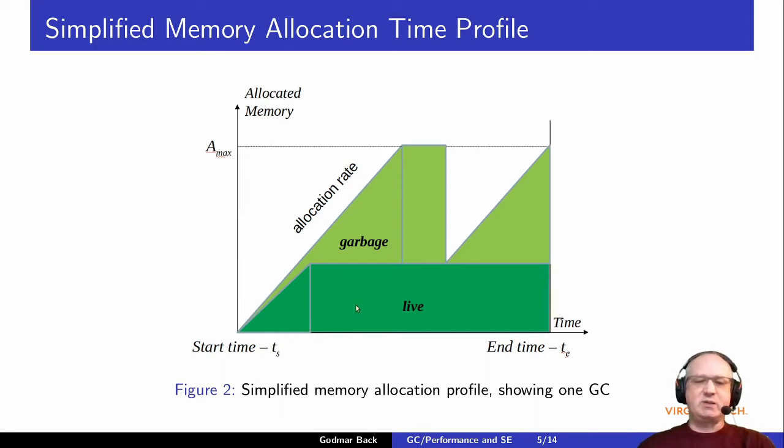The live heap size, again, can vary between applications, but a simple model is to assume that when the application starts up, the live heap size will increase up to some steady state, and then it will stay at this state.